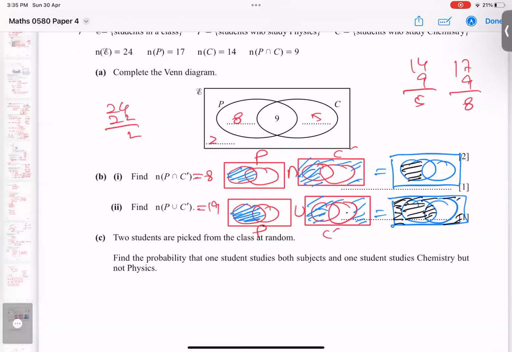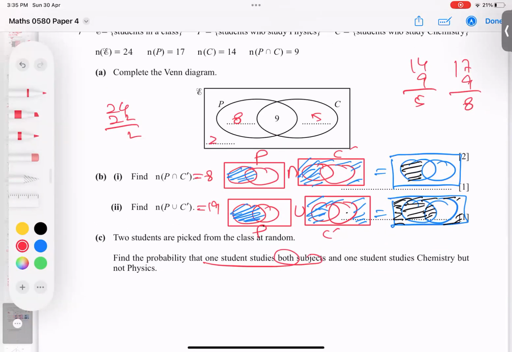Two students are picked at random. Find the probability. One student studies both subjects. So both is here. And one student studies chemistry, but not physics. You know what that means? Chemistry, but not. This is called not. So we are looking for these people. It means we must know chemistry.